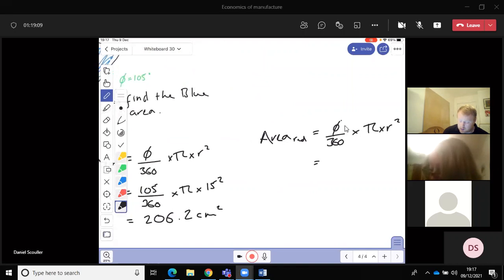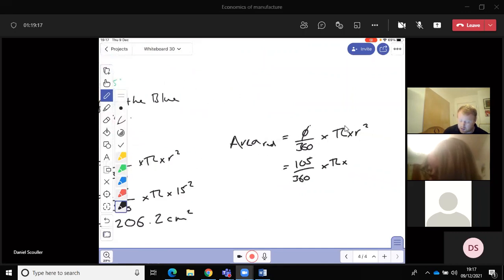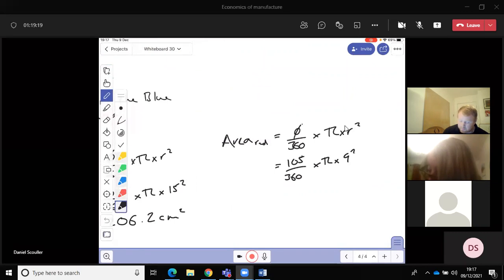Same angle, 105 over 360 multiplied by pi multiplied by r squared. R in this case is 9. Whacking that in the calculator.